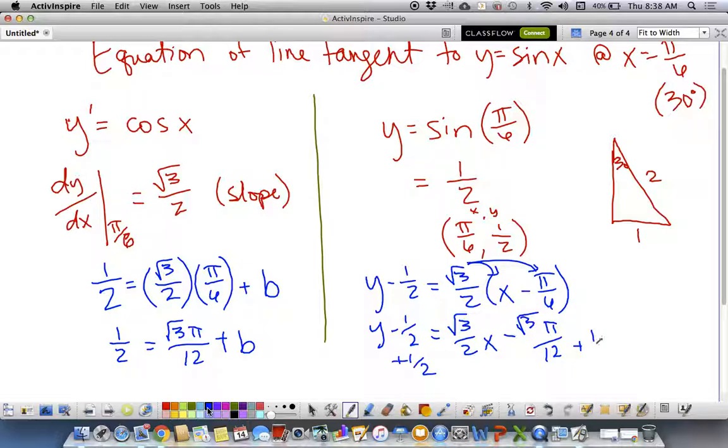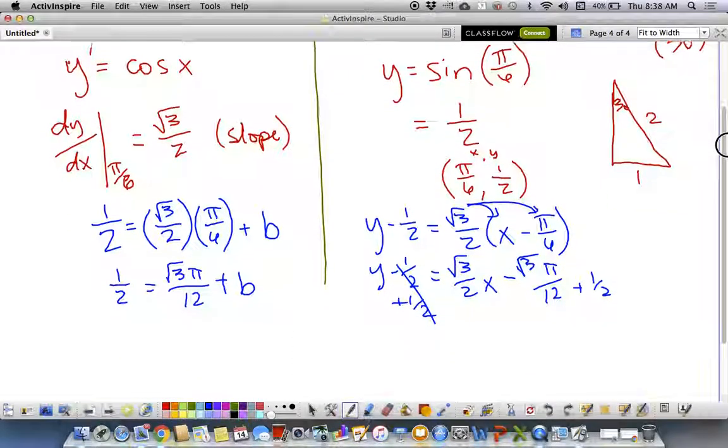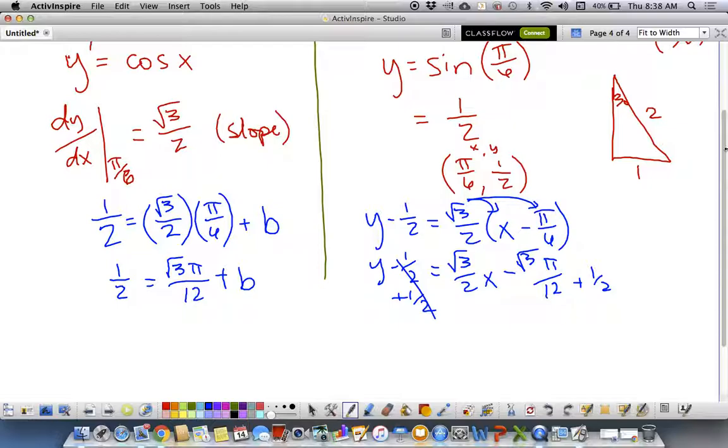It's the same math. So how do we add fractions? Get a common denominator. What's your common denominator? 12. So this really needs to be 6 over 12, yes?